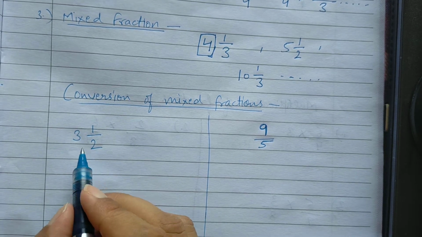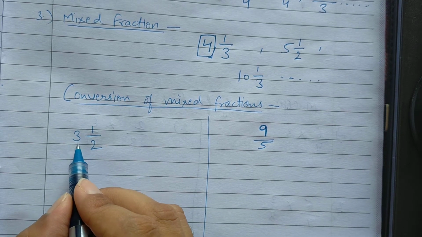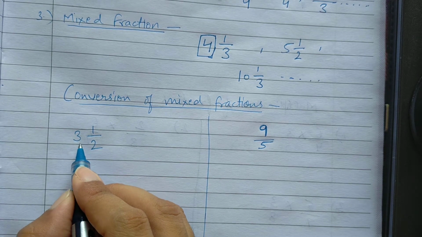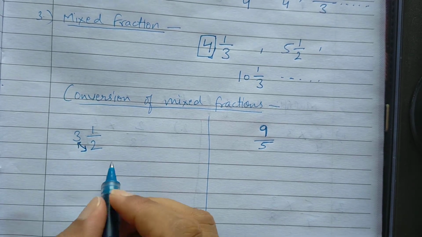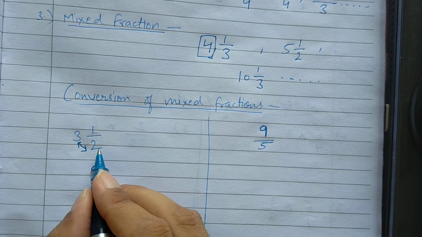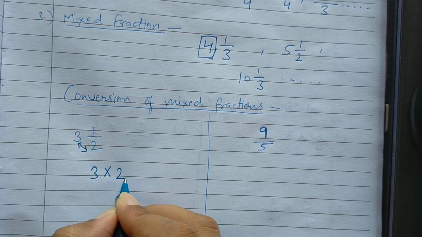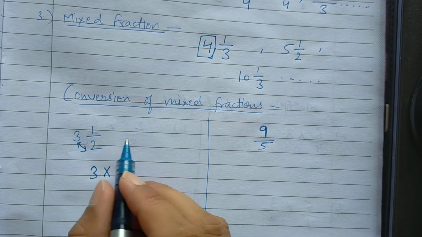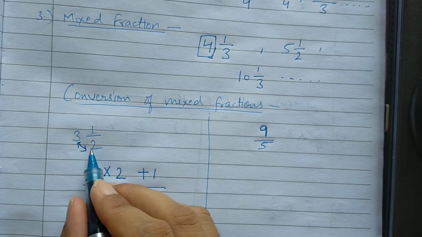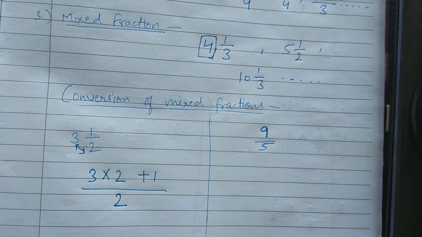See how you will do it. 3 1 upon 2: 3 is the whole number and 1 upon 2 is the fraction. What you have to do? Multiply the whole number and the denominator, 3 multiplied by 2, and add the numerator, plus 1. And the denominator stays the same; that we have to write.